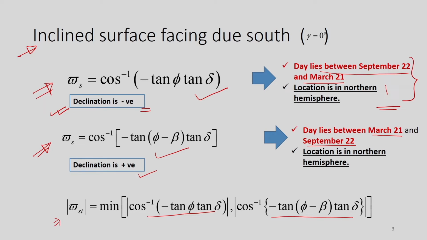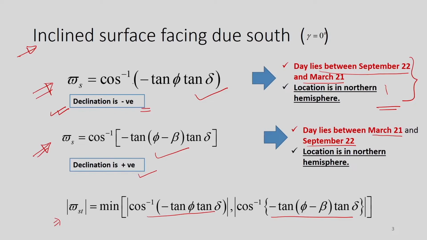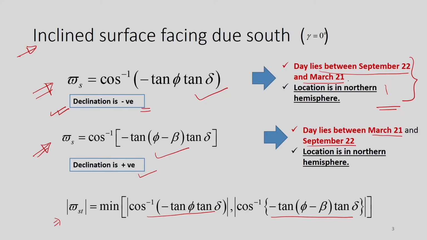So, what we can summarize here: for an inclined surface facing due south, where gamma is 0, that is, the surface azimuth angle is 0, the expression which holds good for a horizontal surface we can apply straightaway. So, omega s is equal to cos inverse of minus tan phi tan delta if the representative day lies between September 22 and March 21, and the location is in the northern hemisphere.